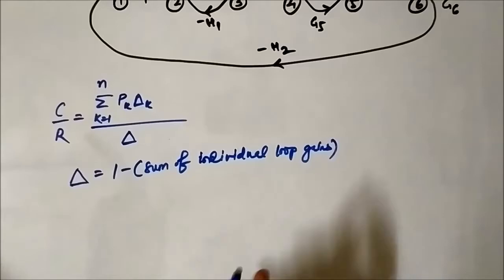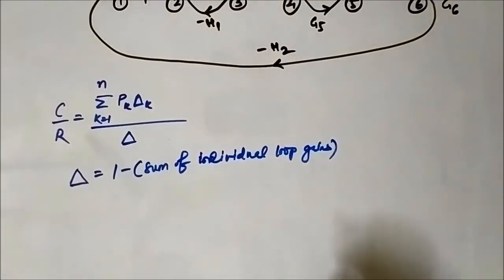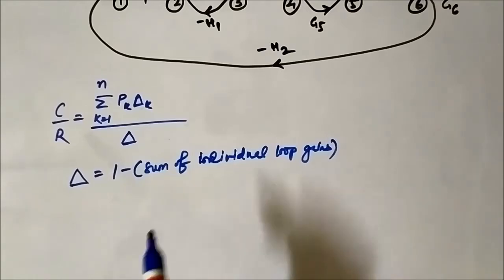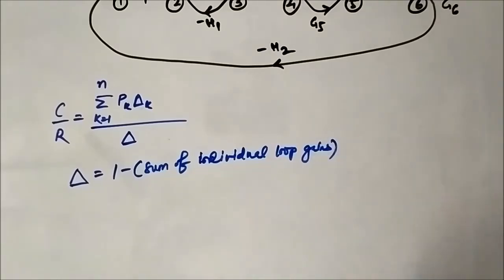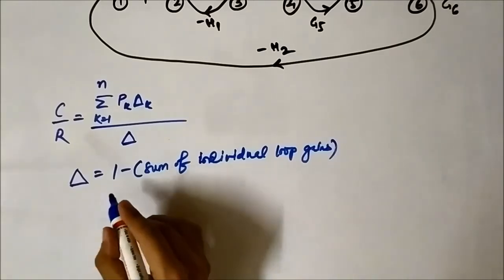We had already written the loop gains for all the loops. So you can rewind the video and note it down, and if you have noted it down already, please refer to that.